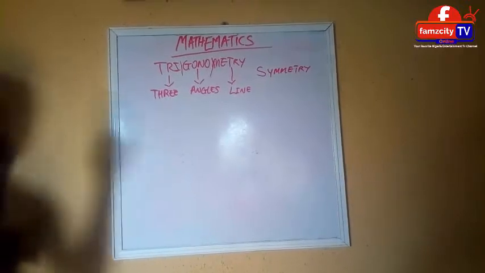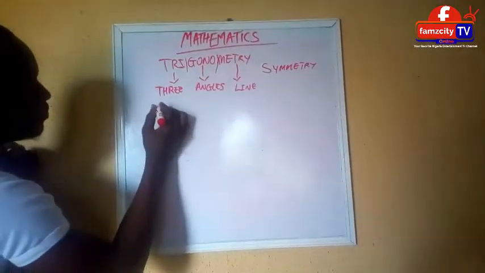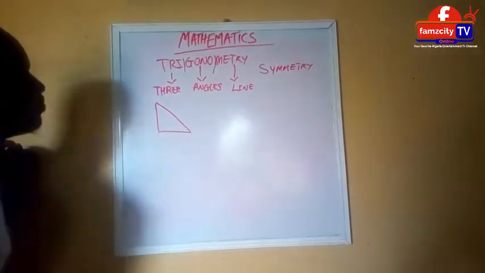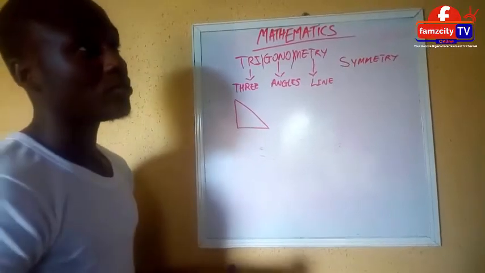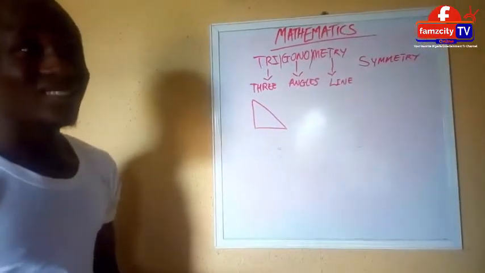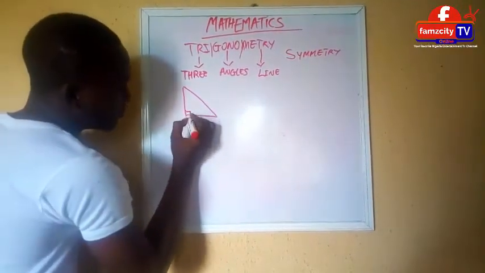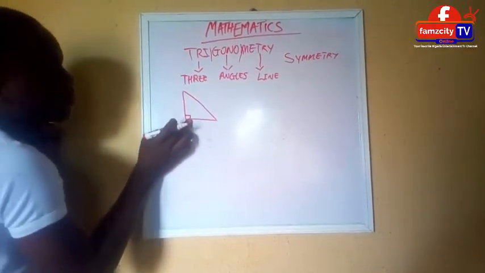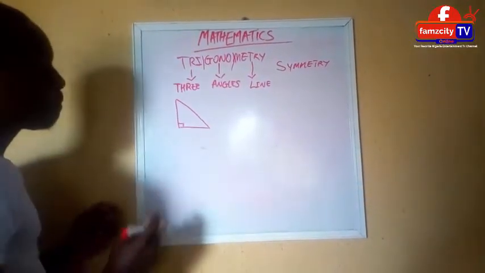So from here now, we'll simply take a right angle triangle, because we have so many types of triangle. We have isosceles triangle, equilateral triangle, scalene, and so on. For a right angle triangle, for us to know that it's a right angle, it must be at an angle of 90 degrees.